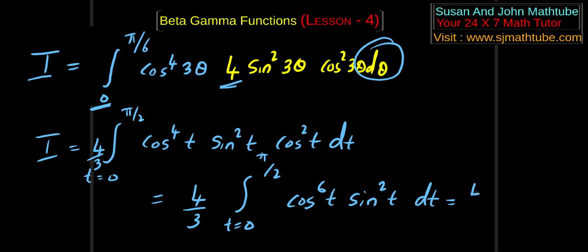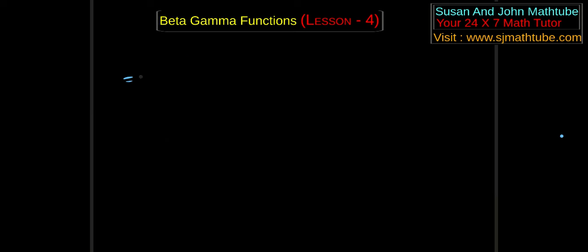That's all we want. 4 by 3, 1 by 2 beta. 6 plus 1, 7 by 2. 2 plus 1, 3 by 2. And this 2 and 2 will be cancelled. So we get 2 by 3, gamma 7 by 2, gamma 3 by 2, the whole divided by gamma 7 plus 3 is 10, 10 by 2, 5.